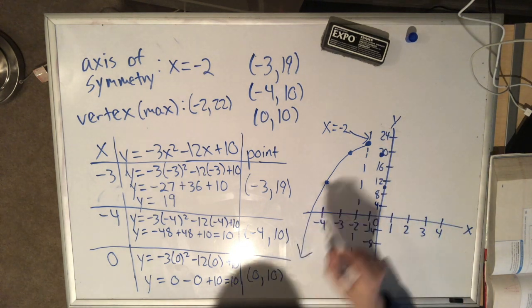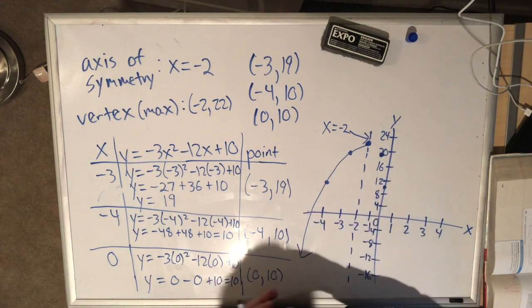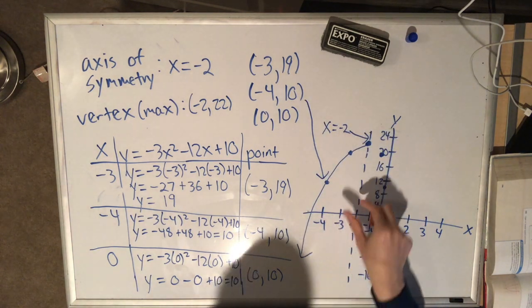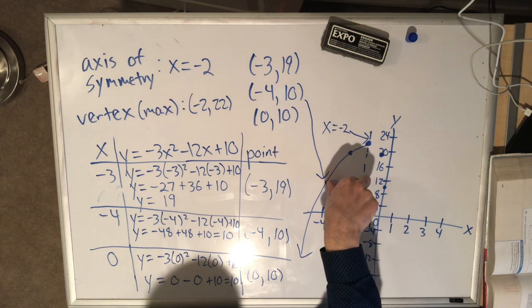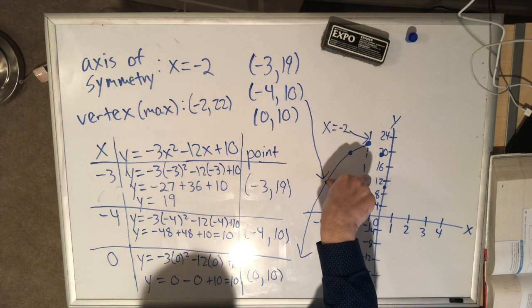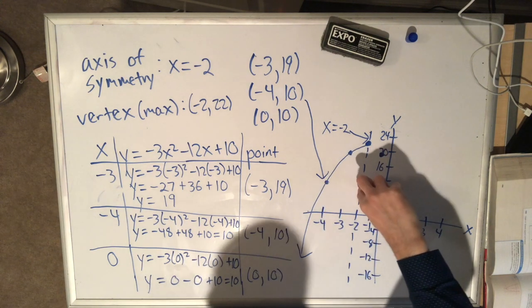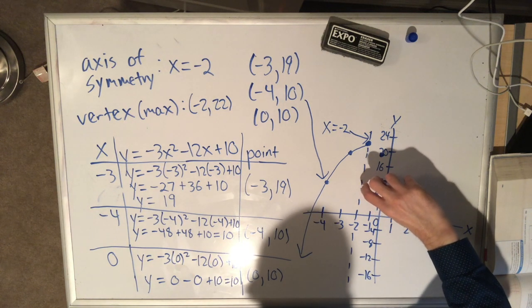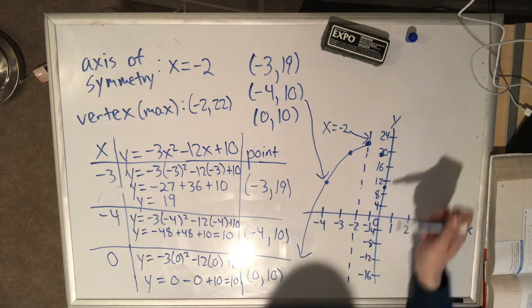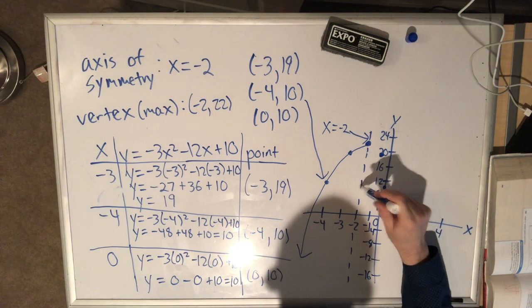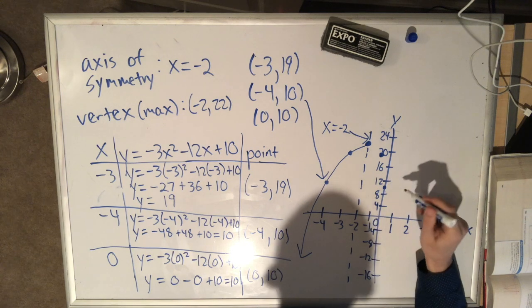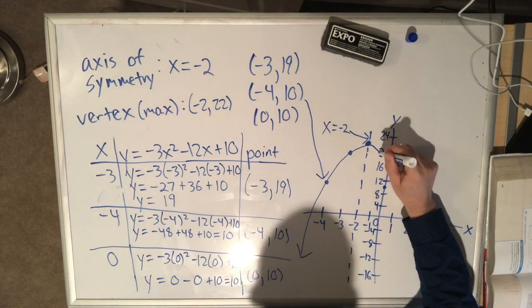And then taking the point -4, 10 right here, which is 2 to the left of the axis of symmetry, and reflecting that in the opposite direction, we get a point 2 to the right of that dotted line, which coincidentally has already been plotted, 0, 10. And now let's connect those points.